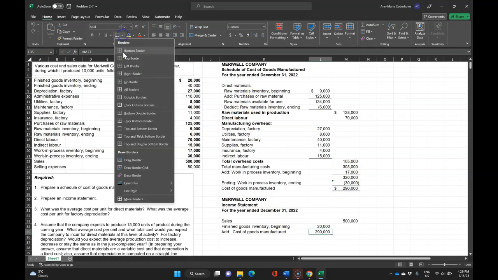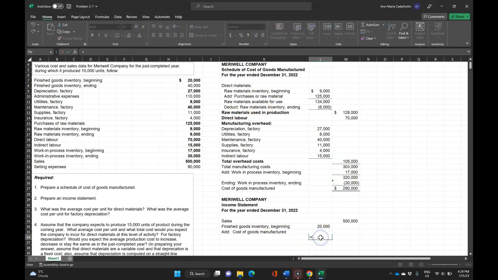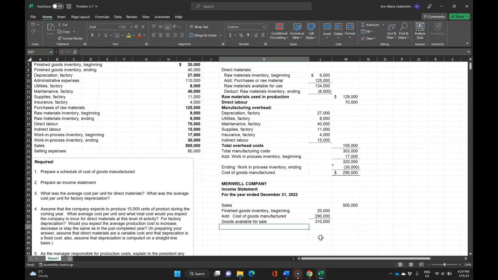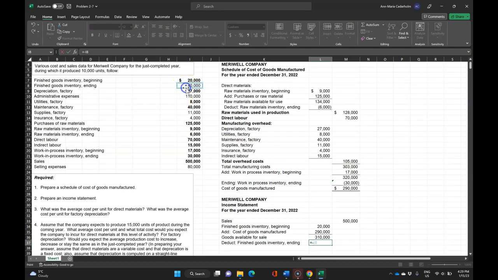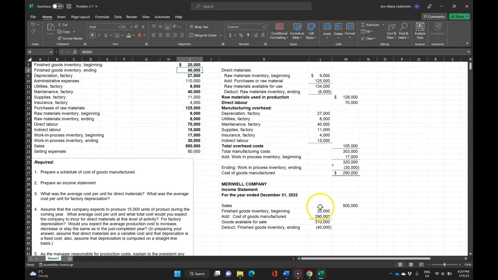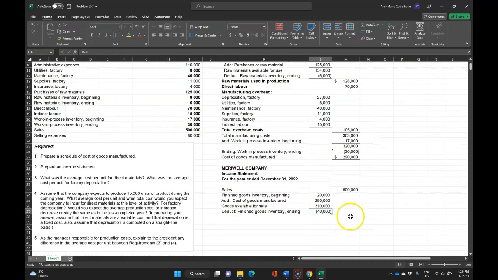Then the beginning inventory and the cost of goods manufactured is how much we have available. So this is the completed product that we can sell. So goods available for sale. And then if we subtract out our ending inventory, which is this 40,000, then we end up with our cost of goods sold.